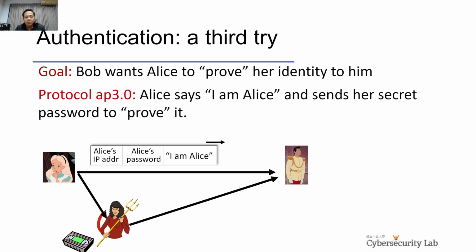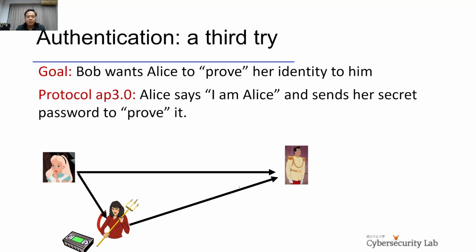The witch can intercept the message, and try to manipulate the data. The witch can change the IP address but keep the same Alice password and say I'm Alice. That means the witch changes specific data in the message and keeps the rest very similar. That is a kind of clone attack.